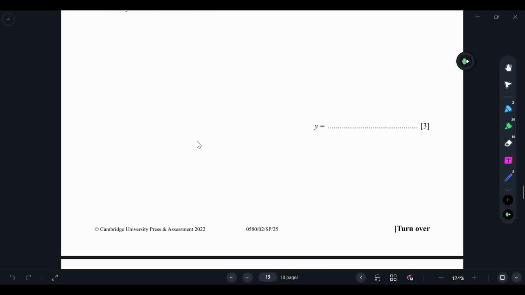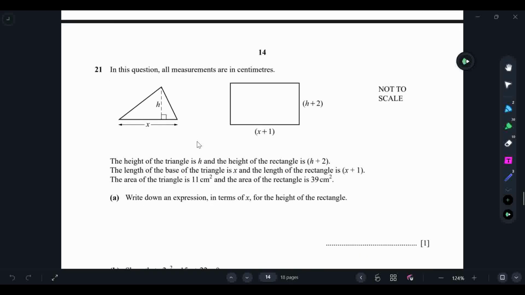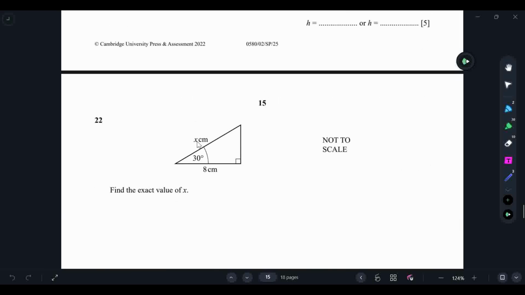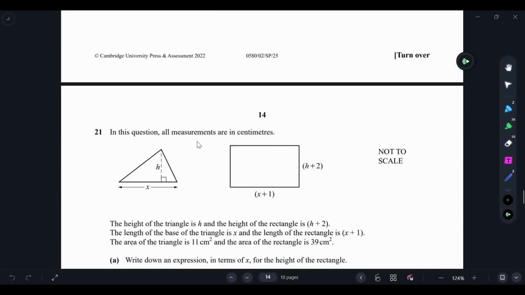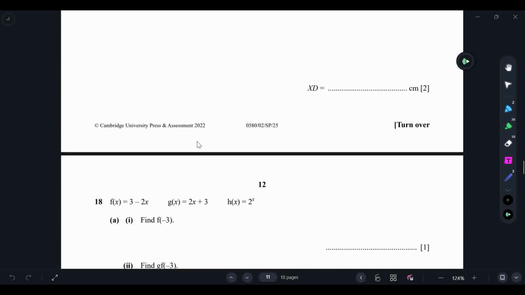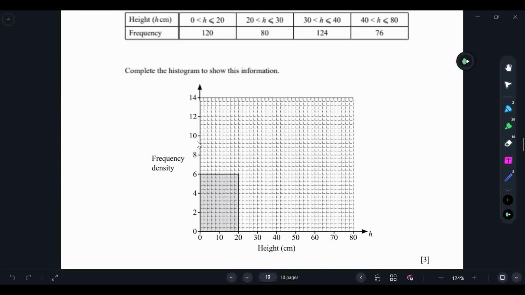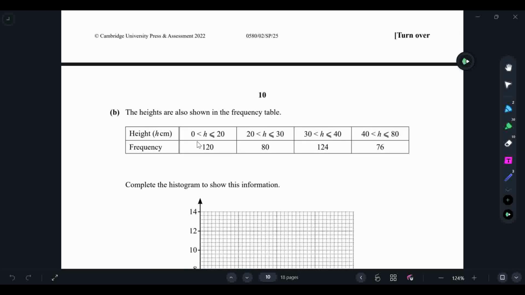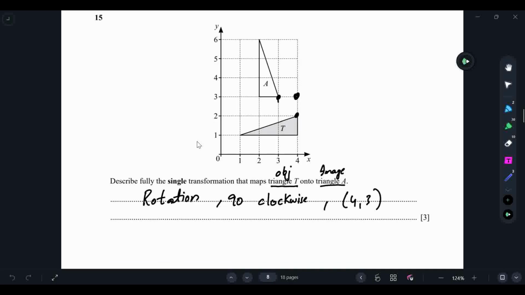We will discuss how to simplify and how to solve questions related to mensuration, trigonometry, single fractions, and most importantly angles and statistics. So do not miss the next class. Take care.